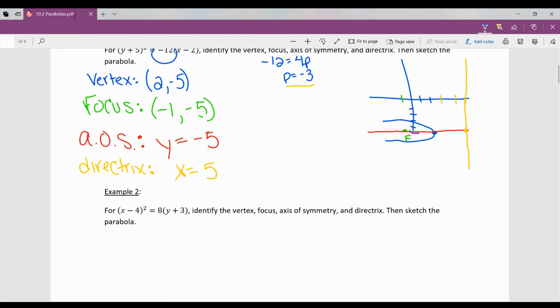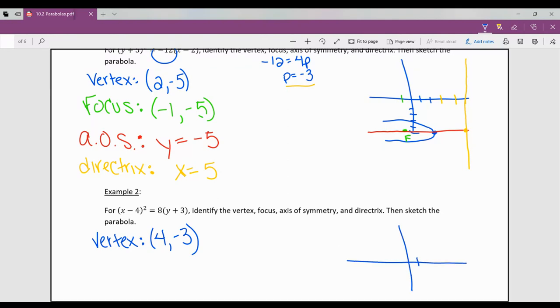So my vertex is (h, k), so (4, -3). So I go ahead and graph that: 1, 2, 3, 4, comma negative 1, 2, 3. And we said that it's opening up because it's positive.